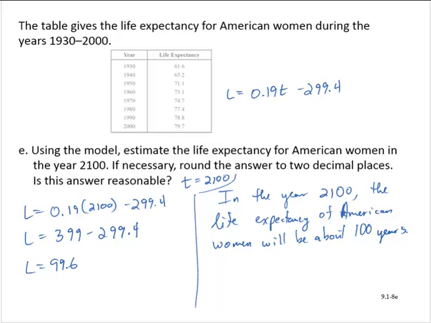Is that reasonable? Well, I'm not sure. I think it will be difficult for the life expectancy to be near 100. So I'm going to have to say that I don't think this is reasonable.